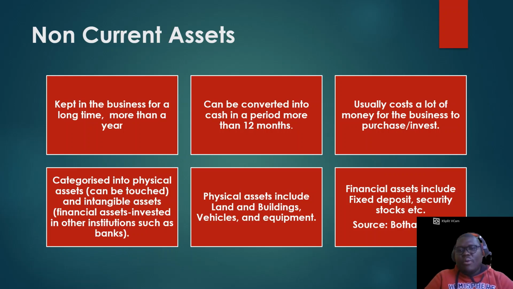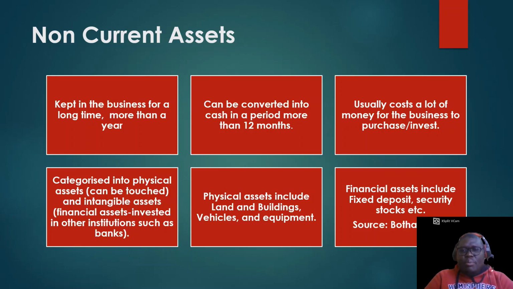As I stated before, non-current assets usually cost a lot of money for the business to buy. To prove that they cost a lot of money for the business to buy, you will realize that when it comes to non-current assets, businesses will need to have meetings with the board of directors and the shareholders. They will need to have a meeting to discuss how they are going to invest in these non-current assets.